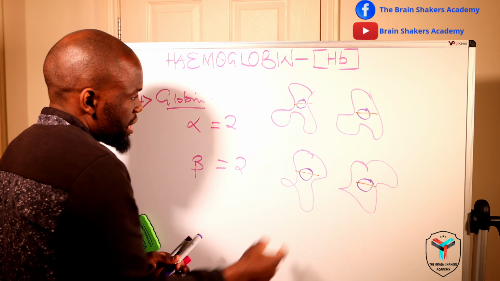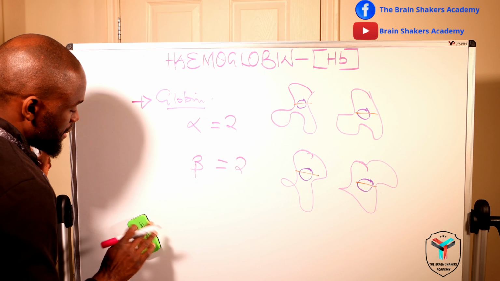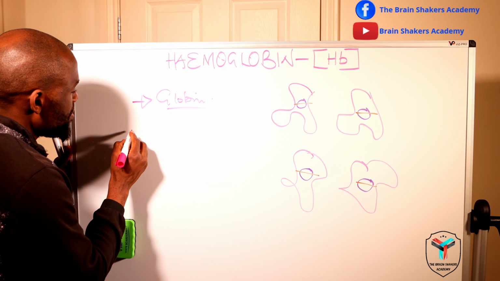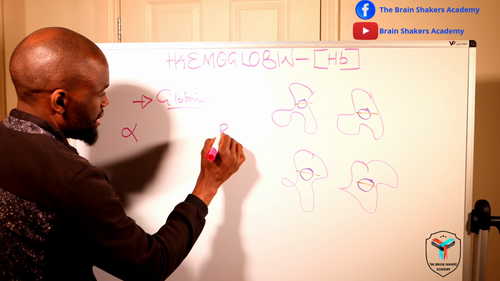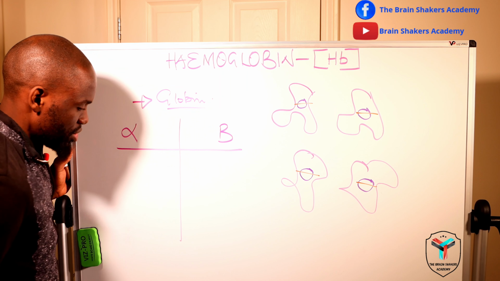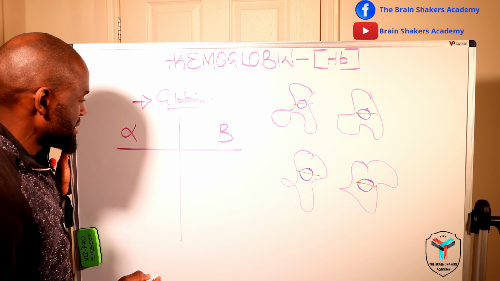Now, the globin chains here, you have 2 alpha chains and you have 2 beta chains. What is important to note is that with the alpha globin chains, you will find they contain what we refer to as amino acids.